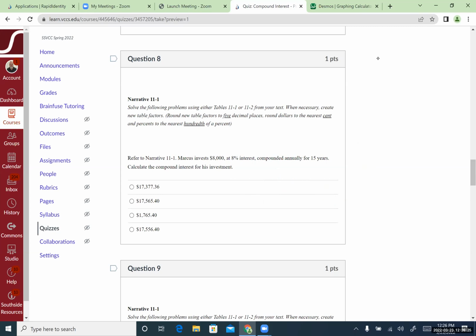$8,000 invested at 8% interest annually, 15 years. Compound amount, 8,000 times 1 plus 8%. It's annually, so it's just divided by 1, 15 years times 1, just once per year. So I guess that makes it like simple interest, doesn't it?